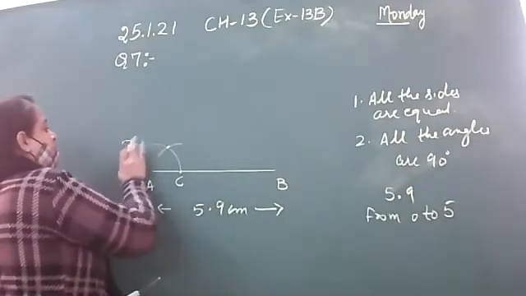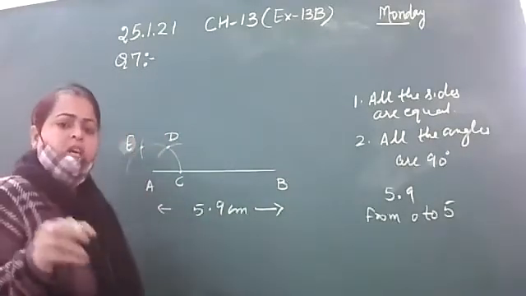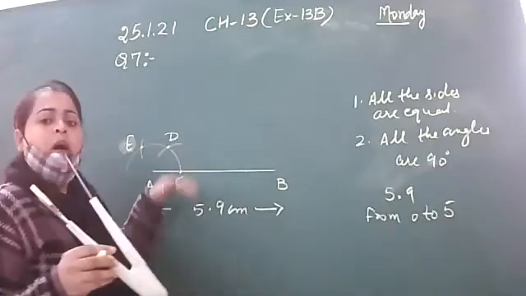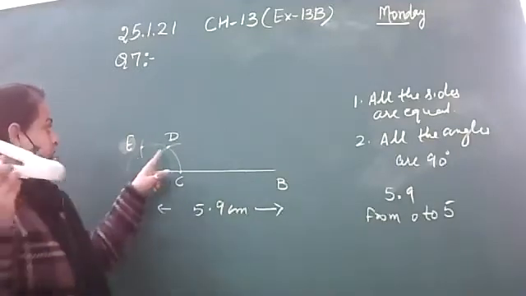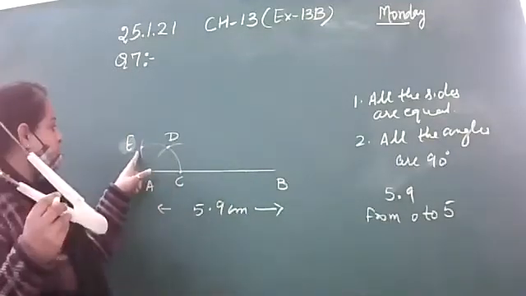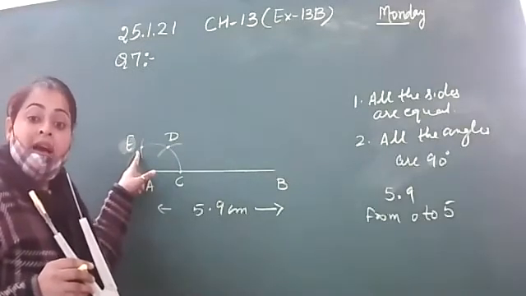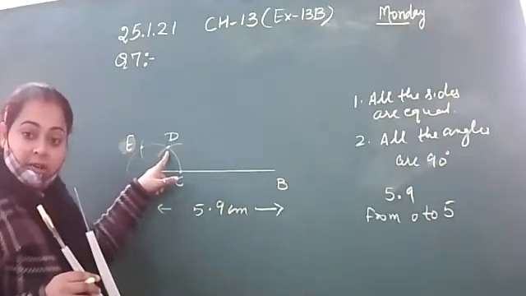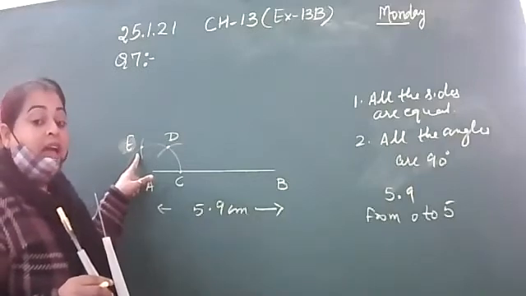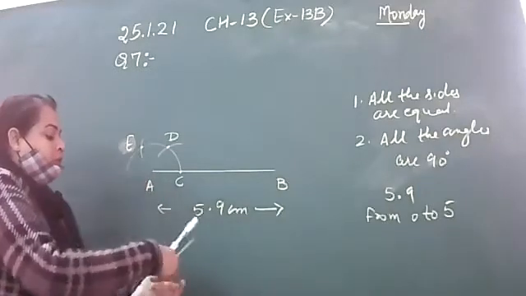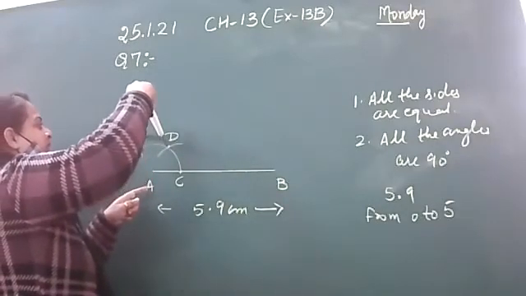Write D here, and this is E. There will be no compulsion, but move in sequence. This is the 60 degree angle and this is the 120 degree angle. Now to construct an angle of 90 degree, we put our compass at D.